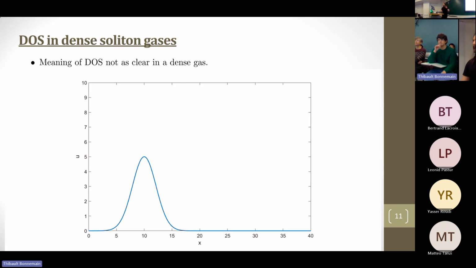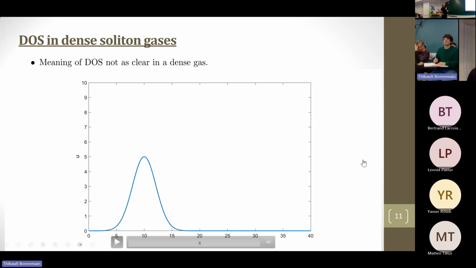Okay, so I start talking about dense gases now, and to start with, I want to stress that the notion of density of states in a dense gas is a priori not completely clear, because in a dense gas, your solitons are constantly overlapping and interacting with several others, and in a way, they kind of delocalize. So to illustrate this, here's a short movie.